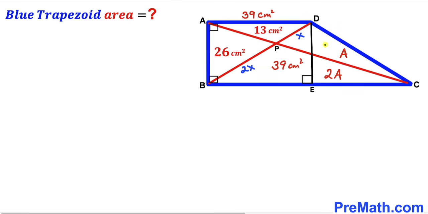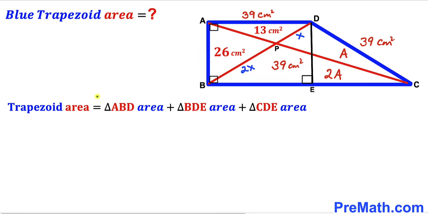So we conclude the area of this triangle CDE is equal to the area of this triangle BDE. In other words, if this area is 39 centimeter square, then the area of this triangle is going to be 39 centimeter square as well.